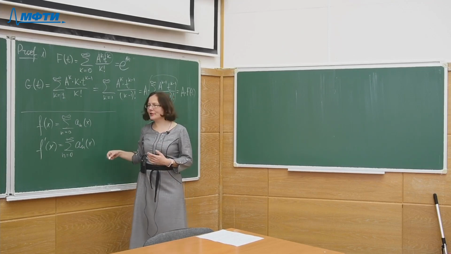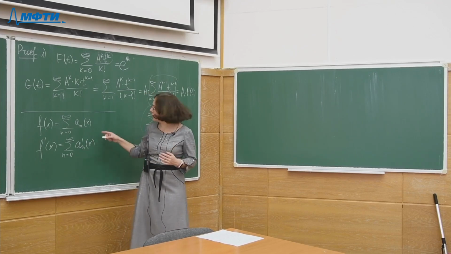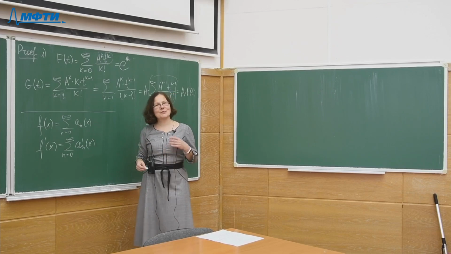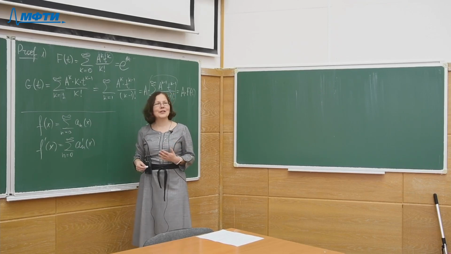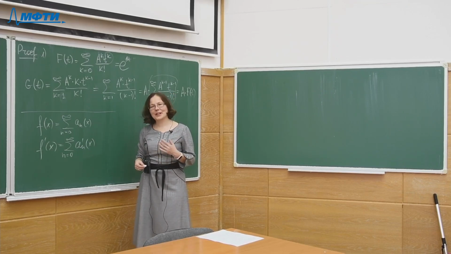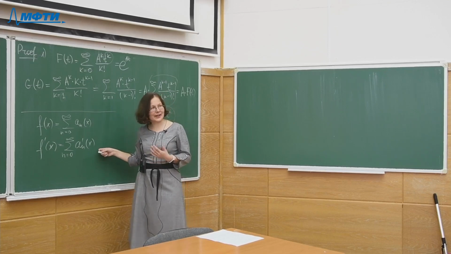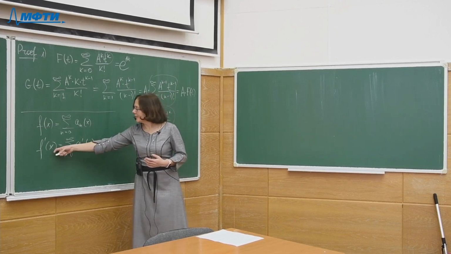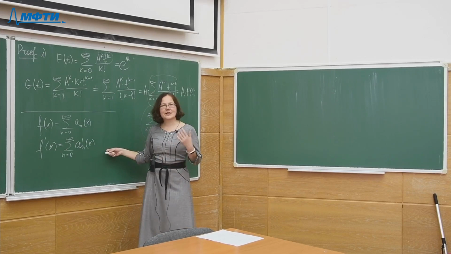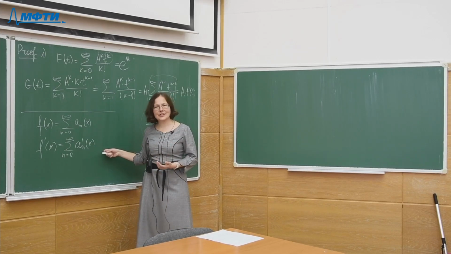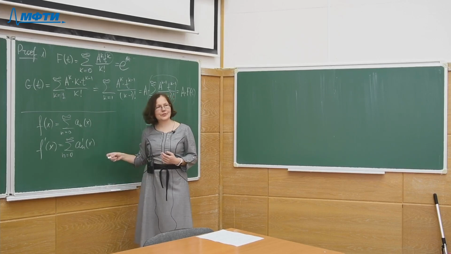The convergence must be uniform. The convergence of which series must be uniform? Uniform convergence of their derivatives, right? If this series converges uniformly in t, then it is possible to perform this operation.